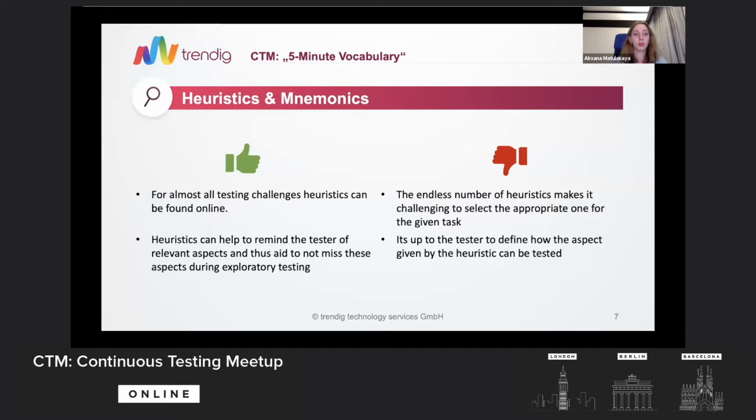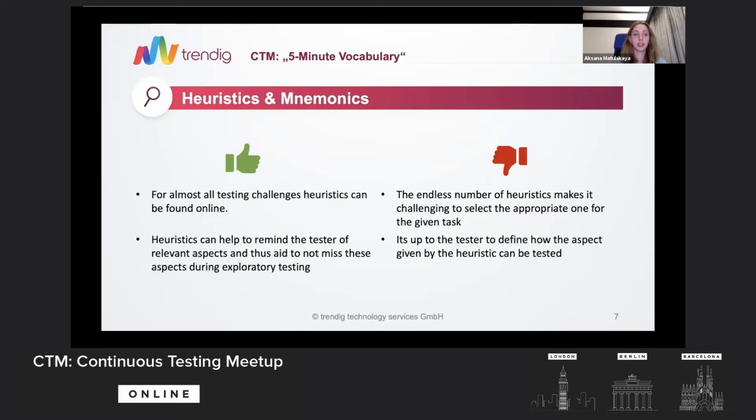A good point is that for almost all testing activities or testing challenges, you can find heuristics on the internet. On the other hand, one disadvantage of heuristics is that you will find a really endless number of them, and it makes it challenging to select an appropriate one for the given task or for your project.